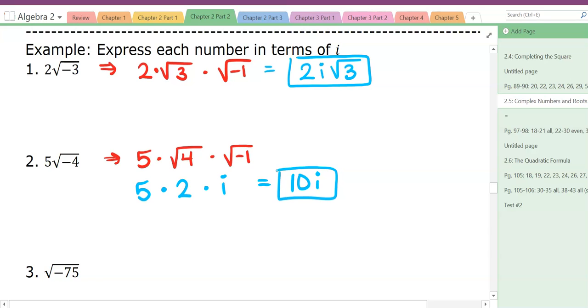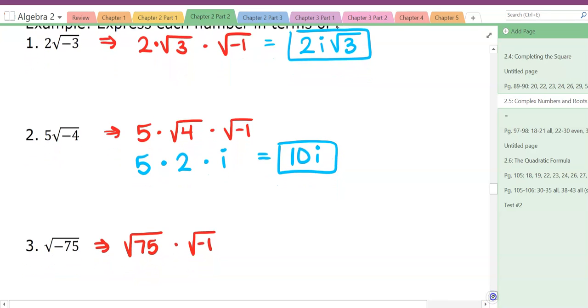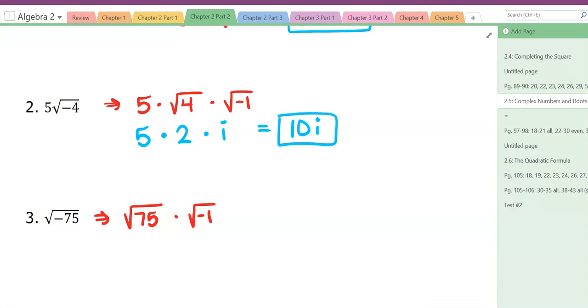Okay, you guys try number 3 there. Try to simplify that one. So if I break it apart like this first, what is a perfect square that can go into 75?